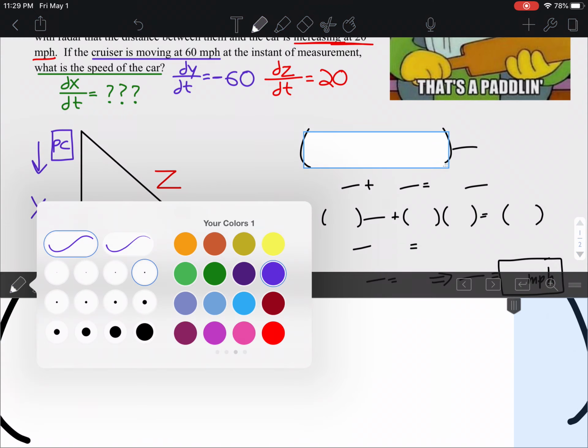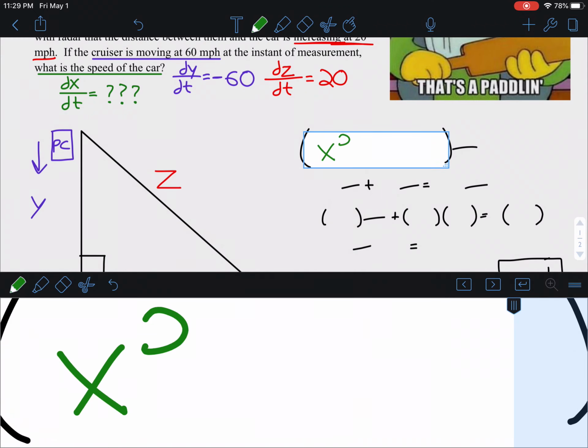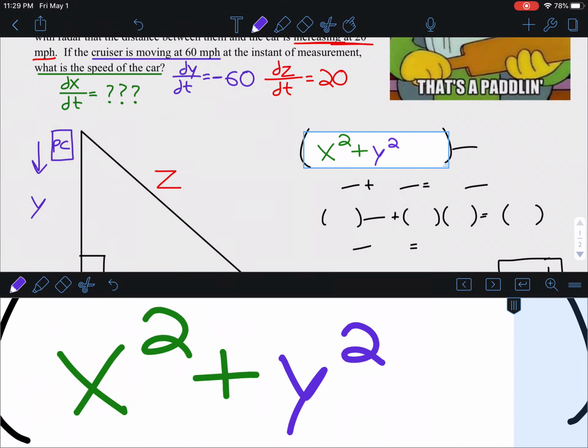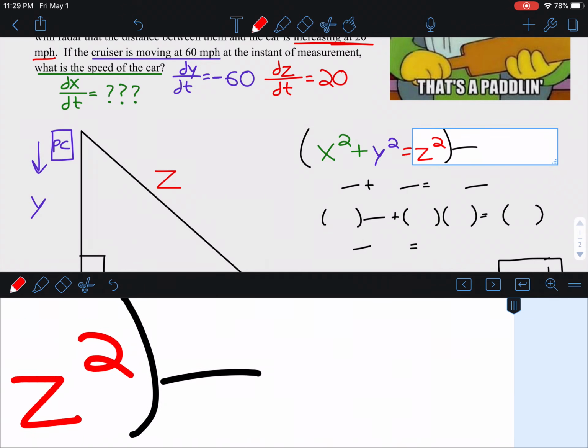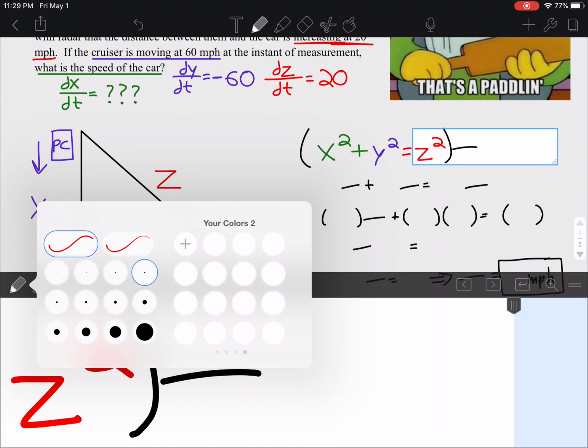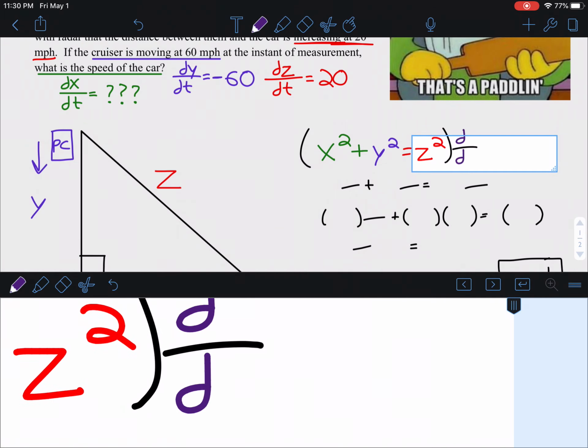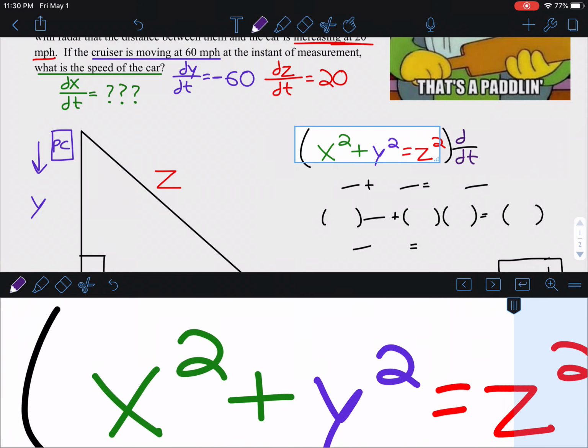Let's go to my oldest friend, the Pythagorean theorem, x squared plus y squared equals z squared, okay? And I will take the derivative of this with respect to time, so I will go d/dt here, okay?